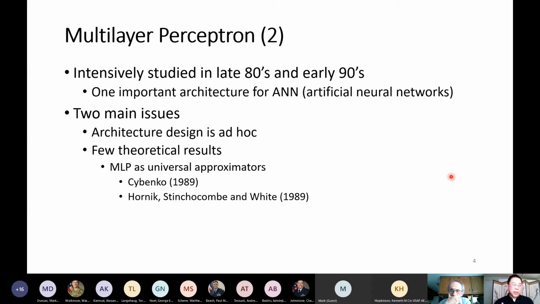Another issue is the theoretical result. If you have one hidden layer with as many neurons as you want, then there are very nice results about universal approximation by Cybenko, Hornik, Stinchcombe, and White.